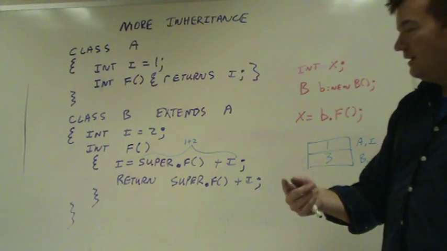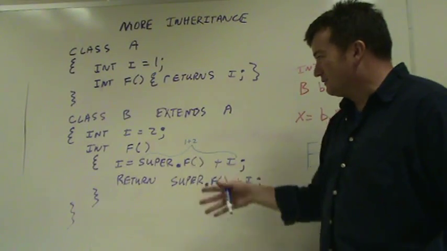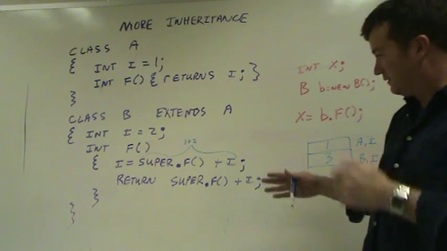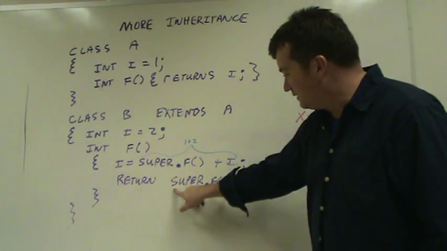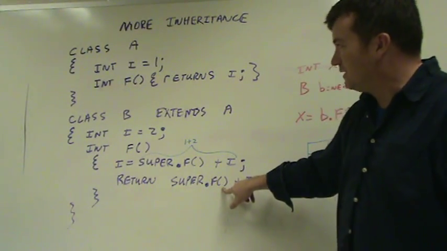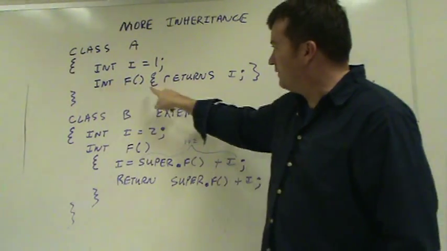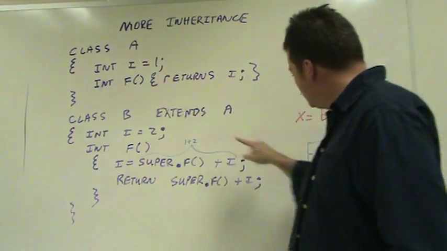Yeah, that's what we wrote there. Well, I didn't write this question, I got this as an example, but I think they just wanted one more round of confusion. So they decided to take super's F. What is super's F? That would be this function which returns I. From this function's point of view, I is this field.